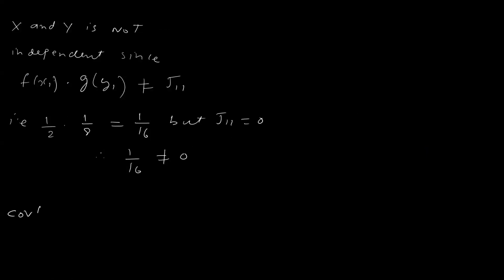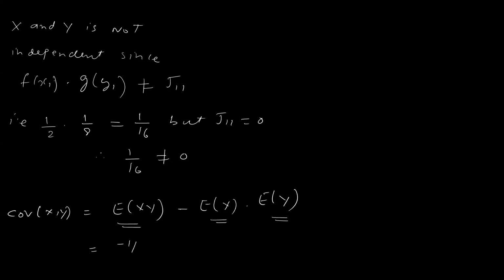So the covariance of x comma y is E of xy minus E of x into E of y. So you can find E of xy, you can find E of x and E of y. So I will just write the value for you and you check it. Covariance is coming around minus 1 by 4. This part I'm leaving to you. With the same formula you do it.